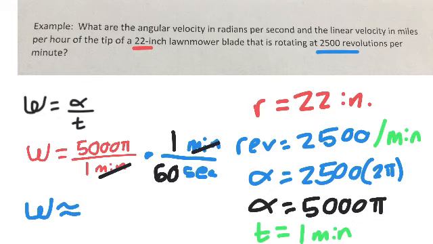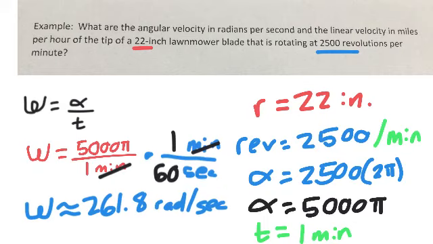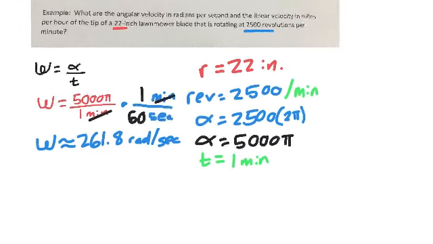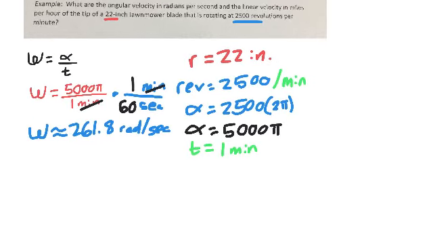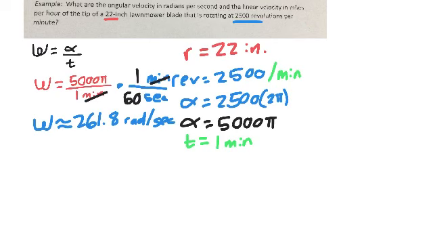So I'm going to put it in, then click the S to D button, and I would get 261.8 radians a second. Okay, that was the angular velocity.